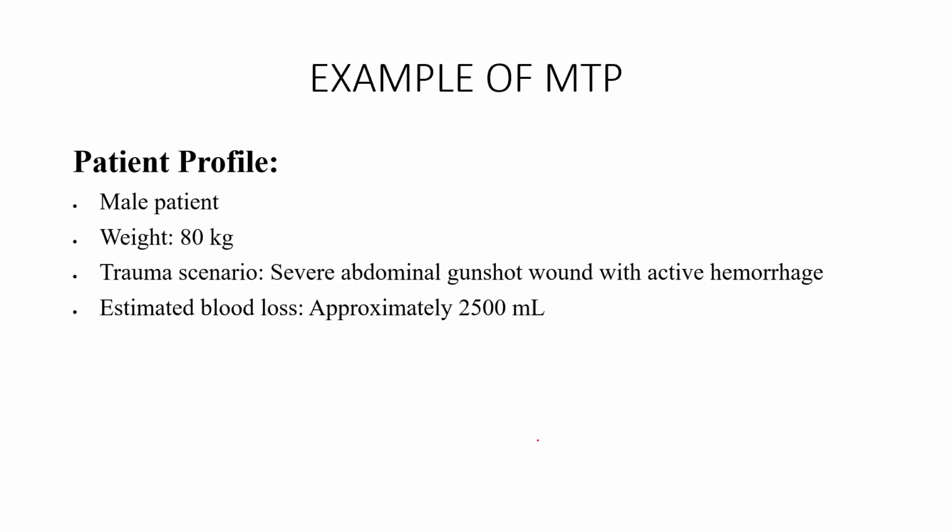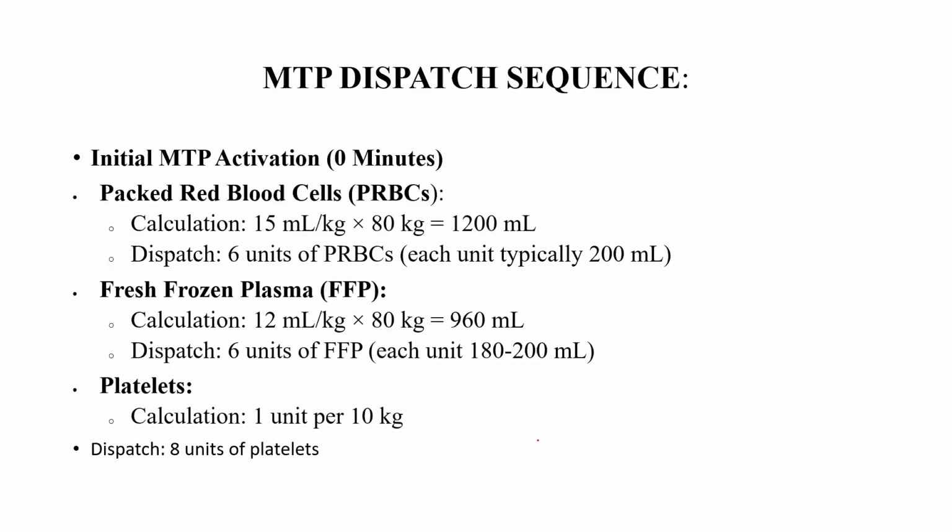If you see your ABC score, there is a penetrating injury and blood loss is also higher. Probably I'm not going to get the other two parameters because there is no shock index that I can calculate, but by and large there would be bleeding, right? So that itself is going to give a score of more than 2. So based on these things I can activate an MTP protocol.